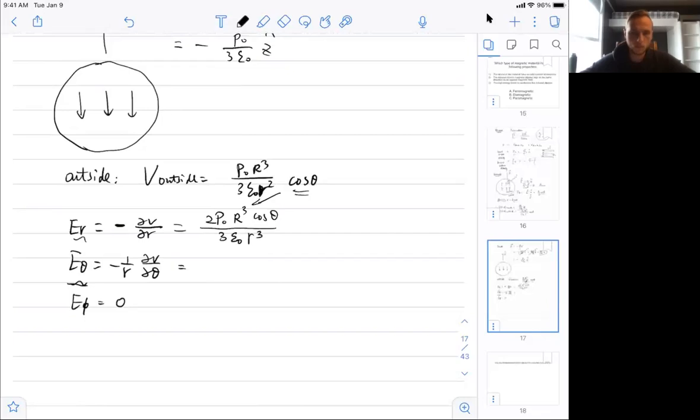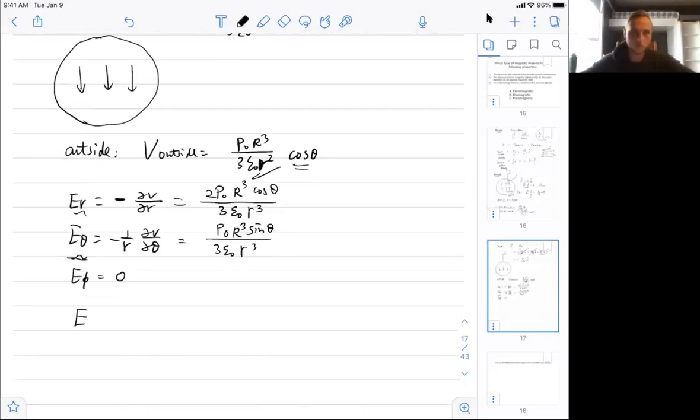You have 1 over r, so it's going to be r cubed. Negative sine theta, negative becomes positive sine theta. And this is 0.